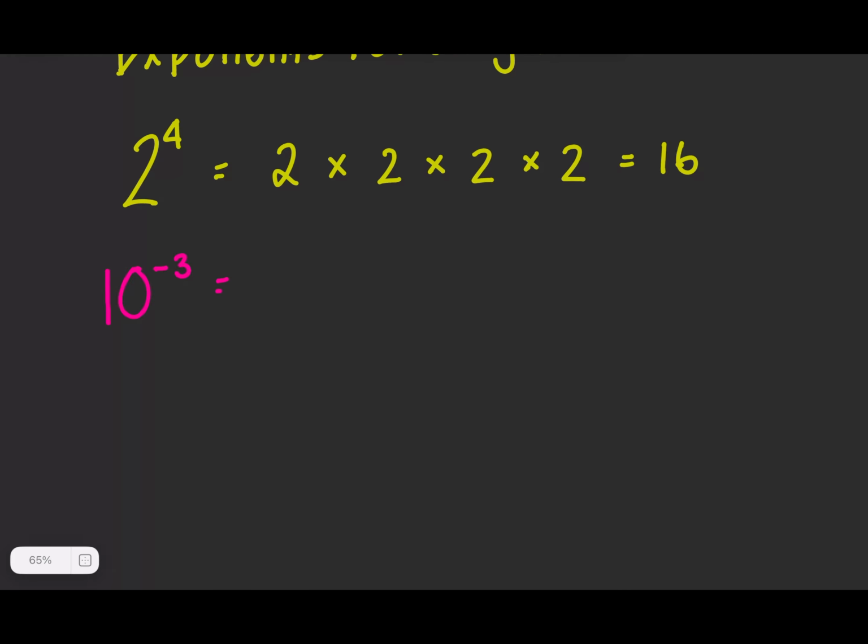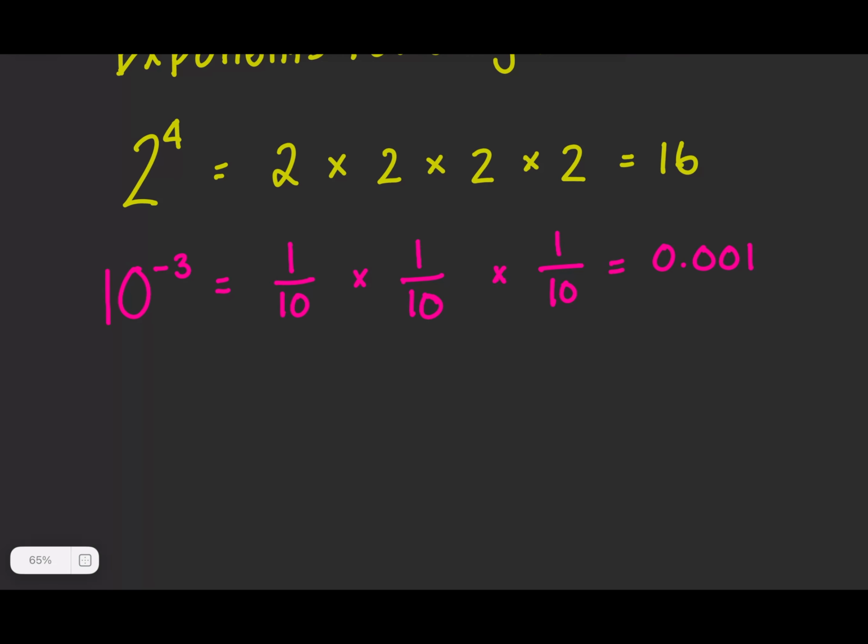So we can write this as 1 divided by 10 times 1 divided by 10 times 1 divided by 10, 3 times. And so this would be equal to 0.001.